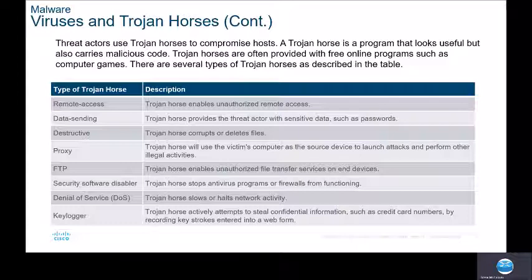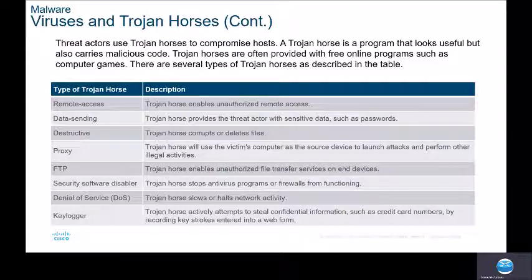Destructive ones can corrupt or delete files. Proxy, which will use the victim's computer as a source device to launch attacks and perform other illegal activities. FTP, which enables unauthorized file transfer services on end devices. Security software disabler, which will basically stop antivirus programs and firewalls, and so make their attack a little easier.